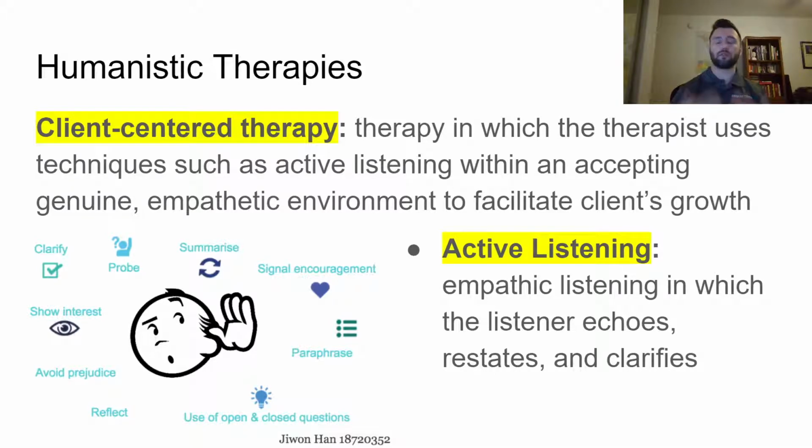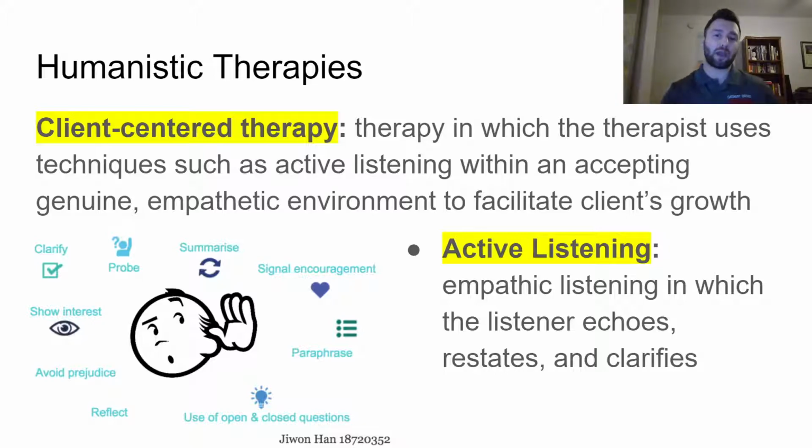You can think of the physical things where you're looking at them, you can nod to them. But the bigger thing is I'm going to echo what they're saying, right? So when they tell me about something, I maybe say the same thing back to them, or I restate something they just said, right? They said, I'm just really upset because of this. And I say, oh, okay, so this is the part that's really important to you.